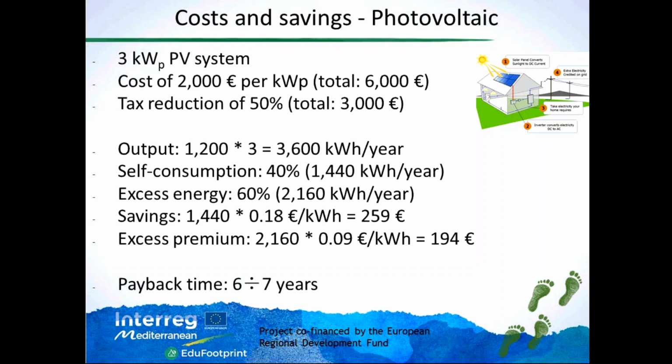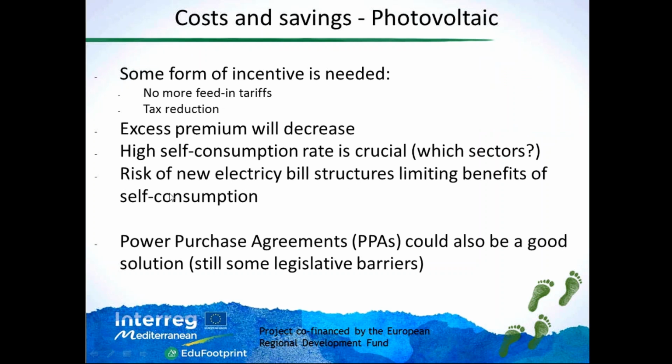So the savings are directly related to the price you normally pay for the electricity you buy from the grid, while the excess energy you sell to the grid is usually awarded with an excess premium which is much lower than the savings. And again, this excess premium will most probably decrease in the legislation of the European countries if we look at the direction taken by the energy policy in the EU.